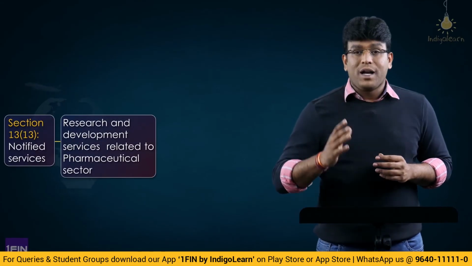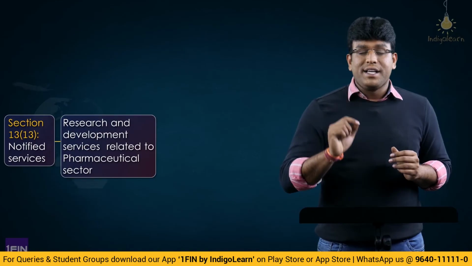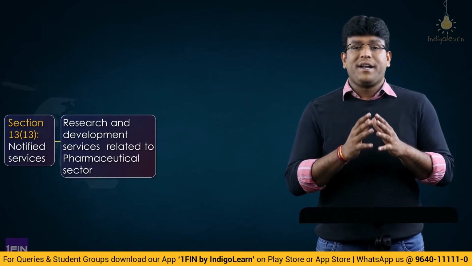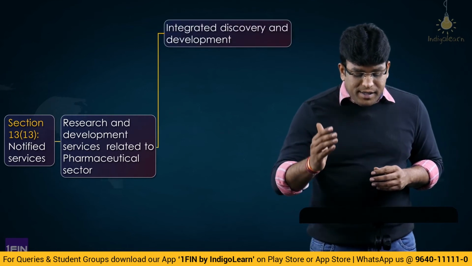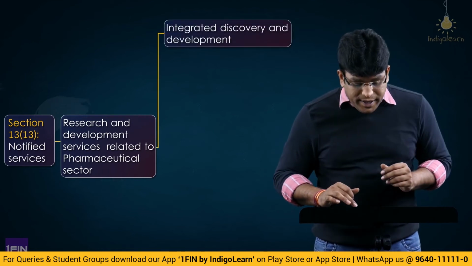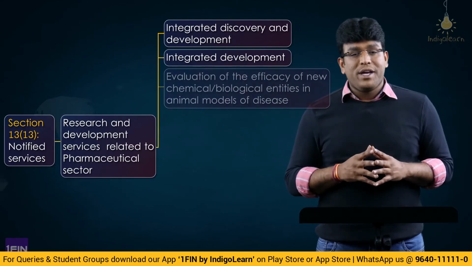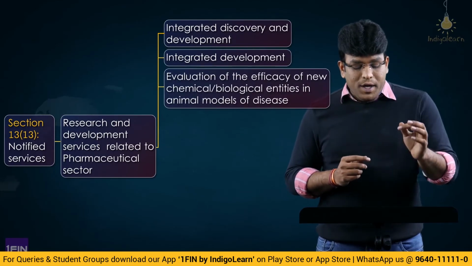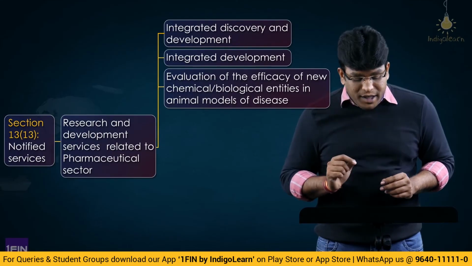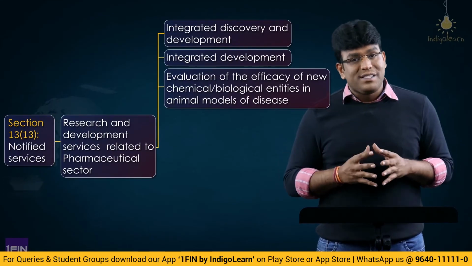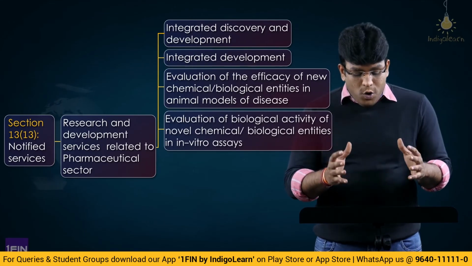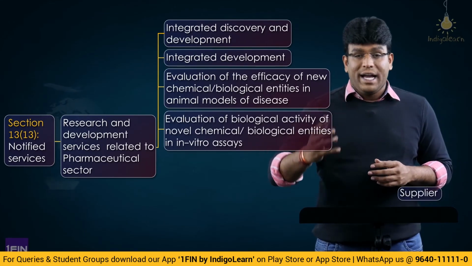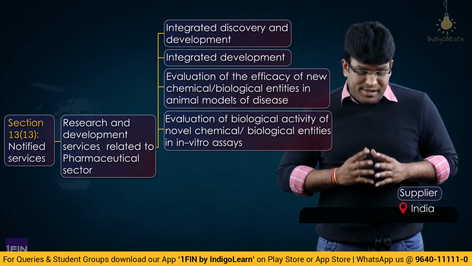Now see, first, there are some services related to the pharmaceutical sector, especially research and development services related to the pharmaceutical sector, which are covered here. Number 1, integrated discovery and development. Next, integrated development, evaluation of efficacy of the new chemical or biological entities in animal models of disease. Then, evaluation of biological activity of novel chemical or biological entities in vitro assays.